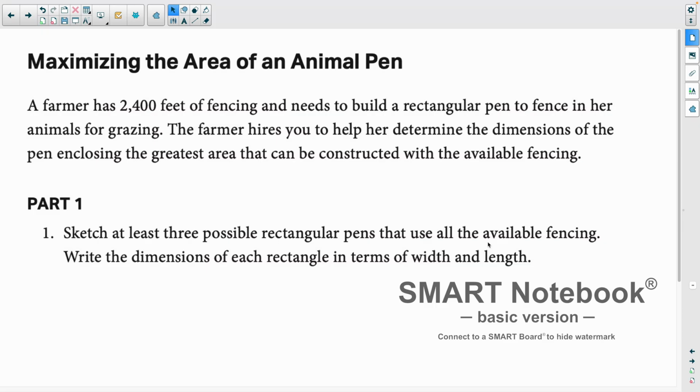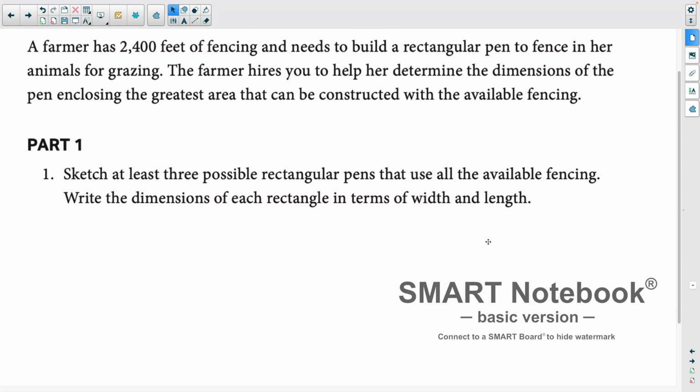Did your mom get that for you? That is not a rectangle, Lillian. All right. That's a square.